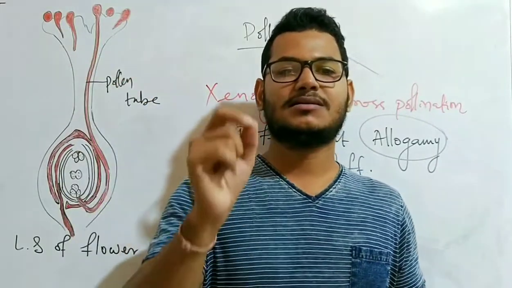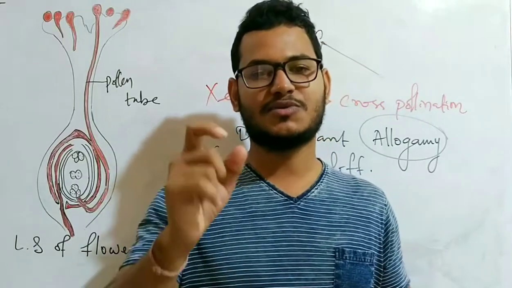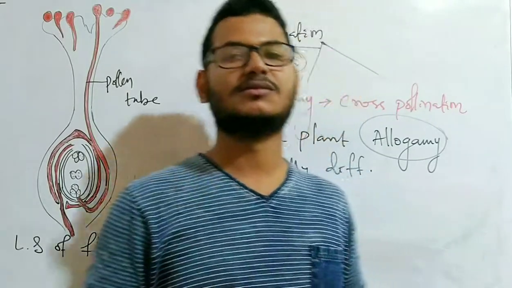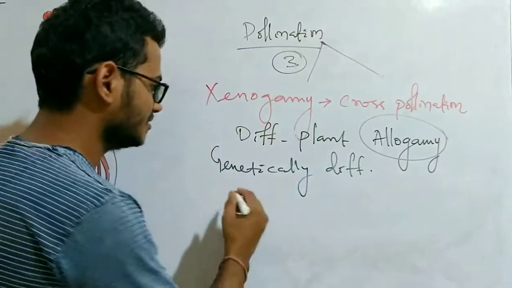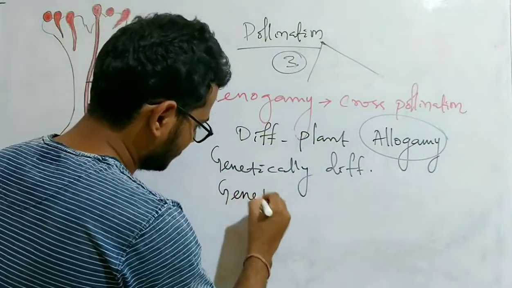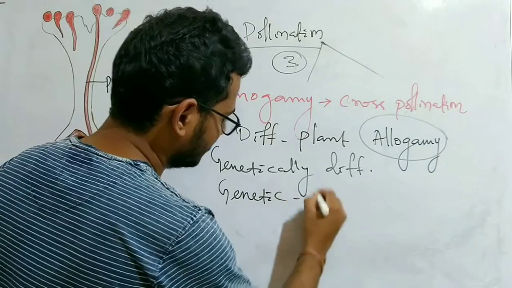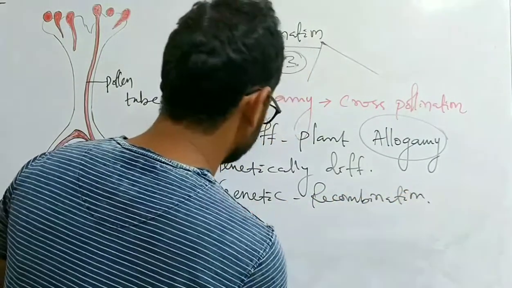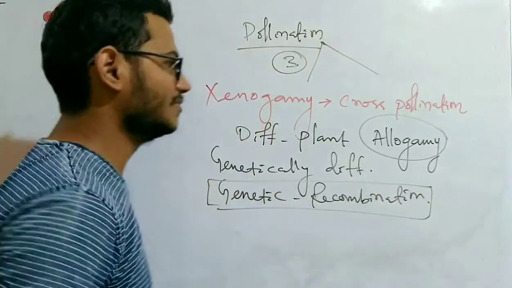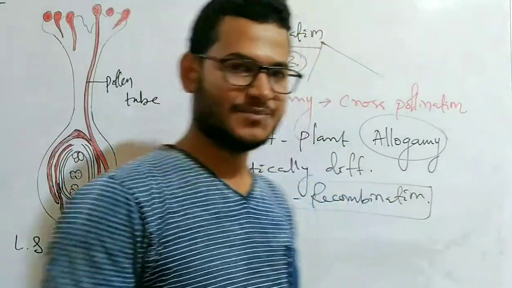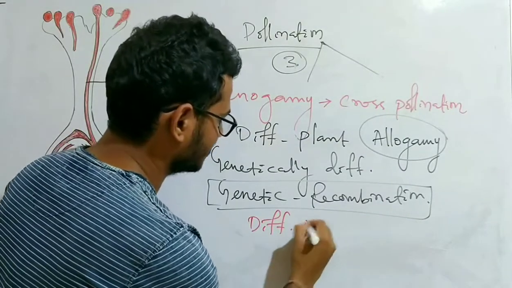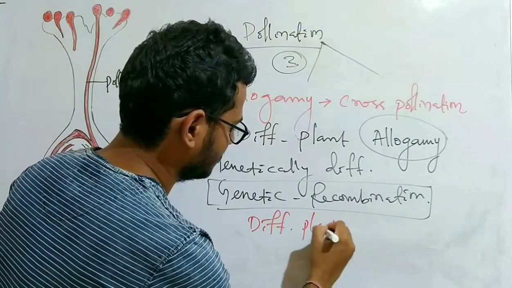So remember, in cross pollination, it is very important from a genetic point of view. It ensures genetic recombination. Genetic recombination is possible in cross pollination because different plants are involved.